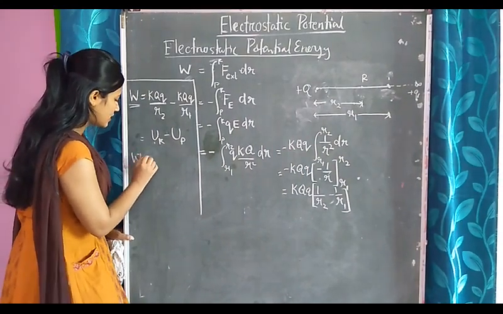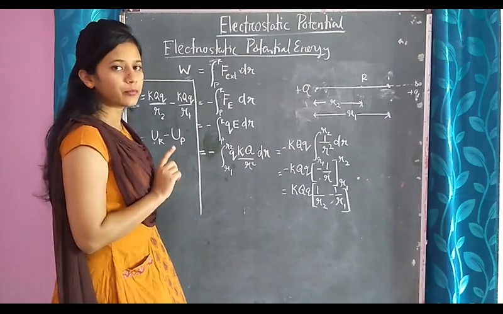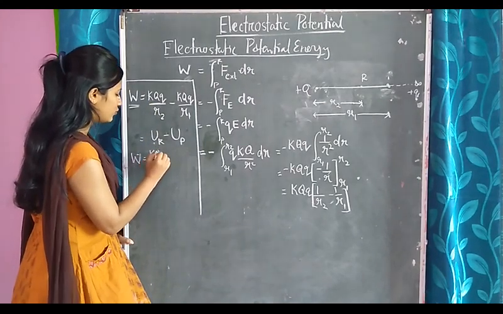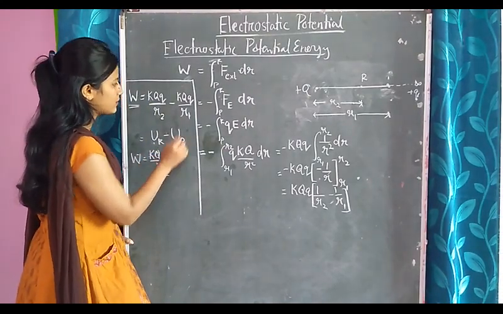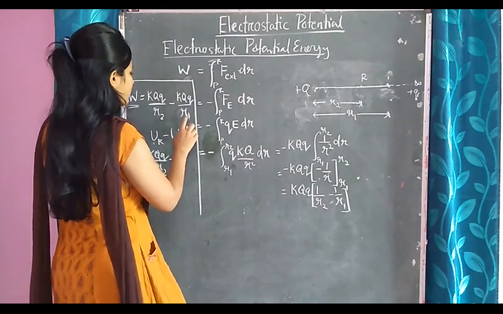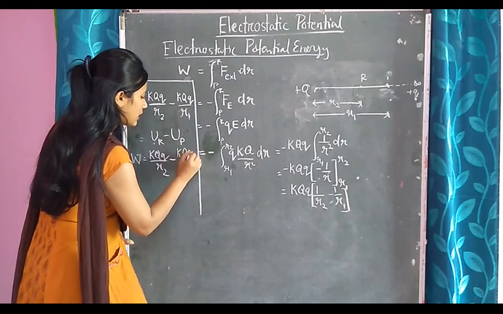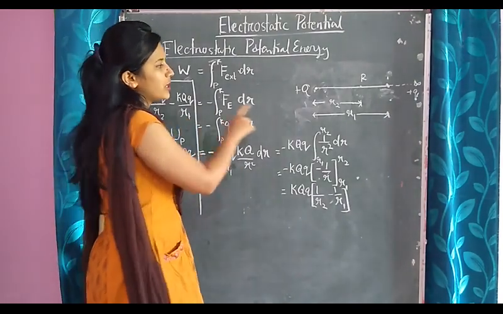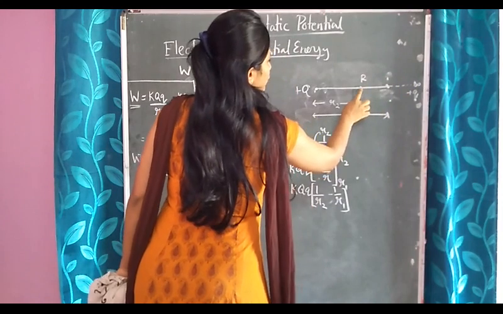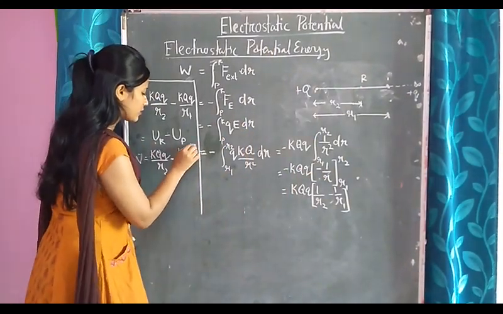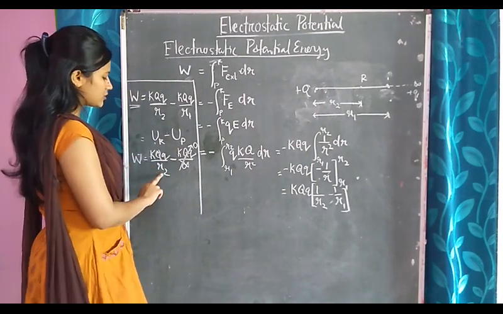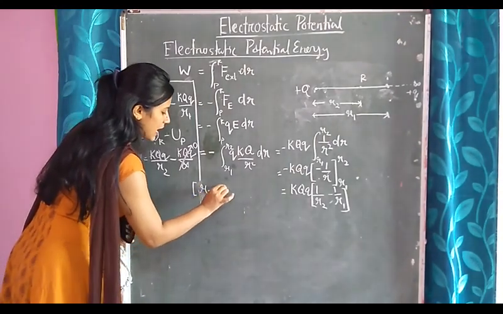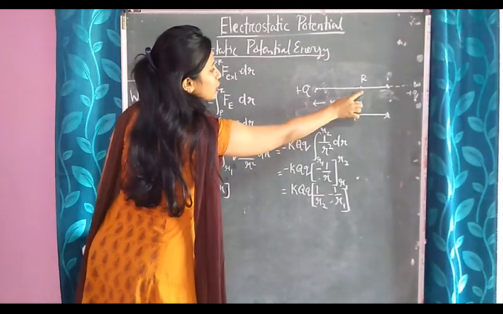So I can write again that in order to define electrostatic potential energy at a point, W is equal to KQQ by R2 minus, in place of R1 I will write infinity, because now we want to bring the charged particle from infinity to point R. So this term becomes 0, and in place of R2 let us write R, that means the distance from here to here.